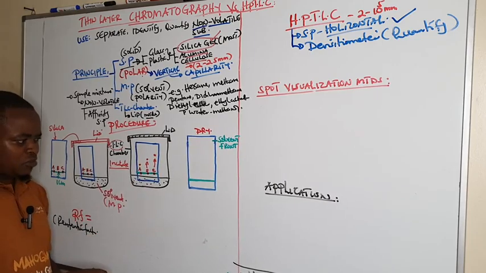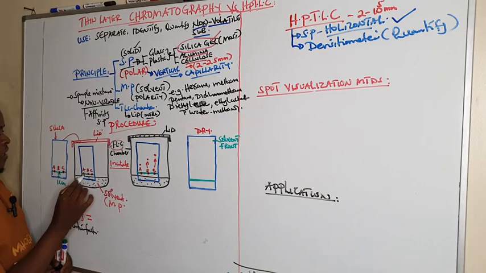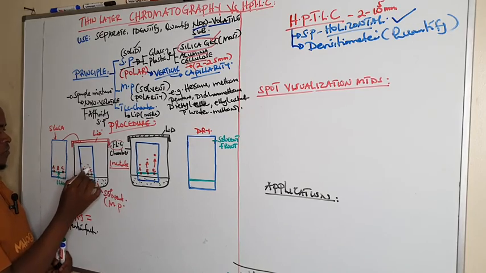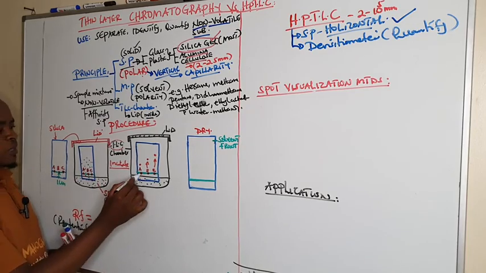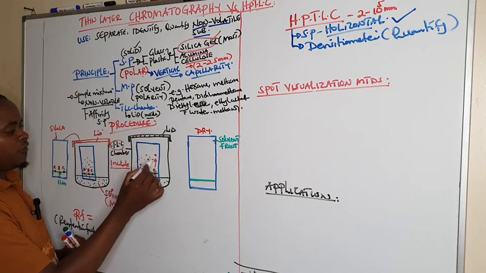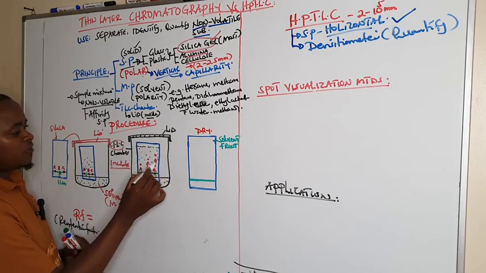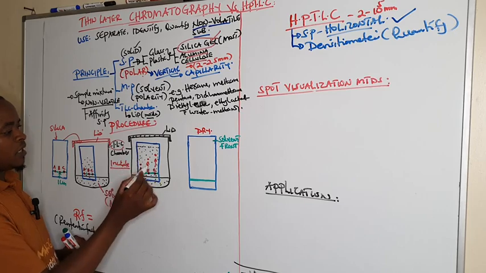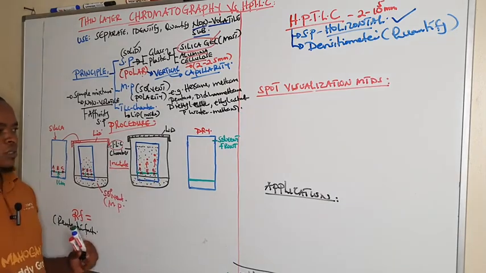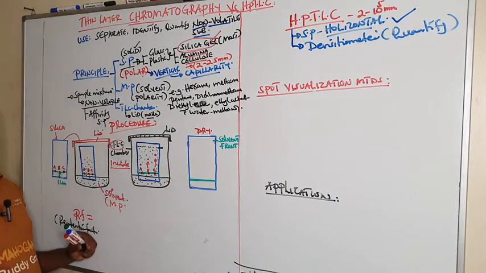What enables them to move is the solvent, because the solvent is going to be absorbed by capillarity with this stationary phase. So it is absorbed, and maybe let me say this is the solvent front. Then these are the spots we put. So this one is what we are calling the solvent front.